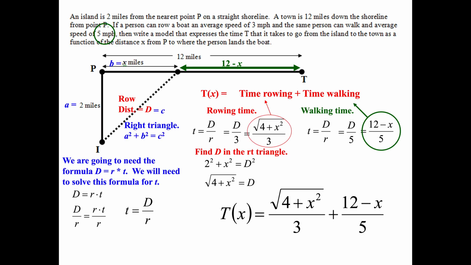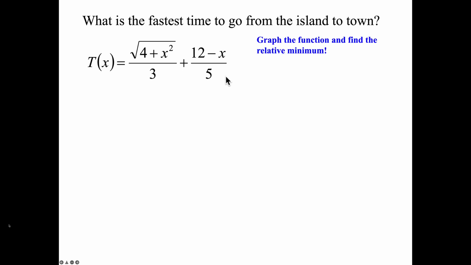So if we want the fastest time, we want the least amount of time traveling. That's a minimum. So we're going to want to graph this function in our calculator. And we'll find the relative min.